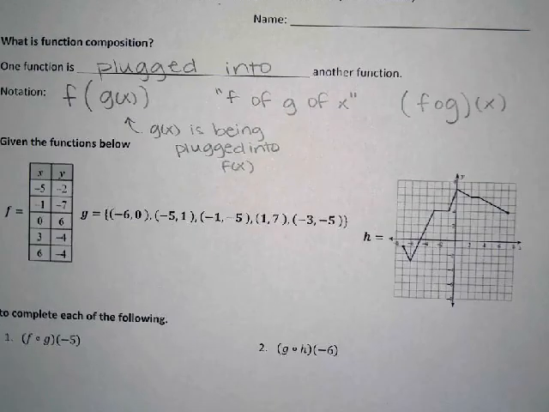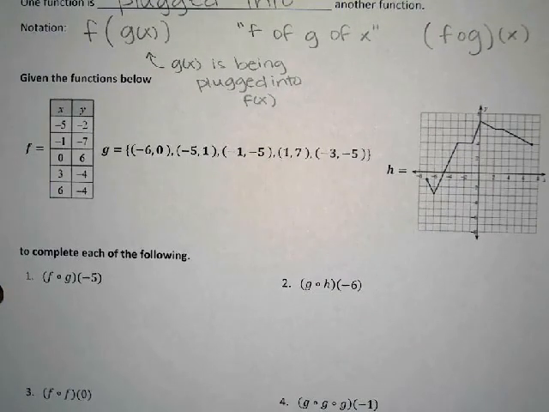So what we're going to do first is look at evaluating composition, which means we're going to look at what happens when you have all numbers, when you're taking the numbers from one and plugging them into the other. So this is pretty simple, and you guys have probably done this before, you just didn't know that's what you were doing.